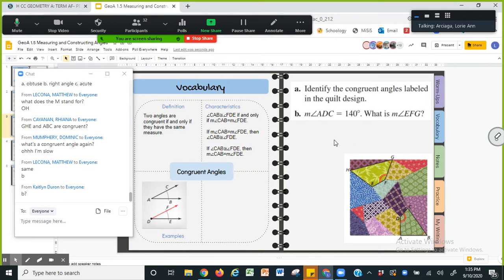So for letter A, what takes time here is the writing. So A, you have angle. Can I just copy the angle right here? Control C, Control V. So angle G, right? Or if I go back to what Rihanna wrote earlier, it has to be HGF.